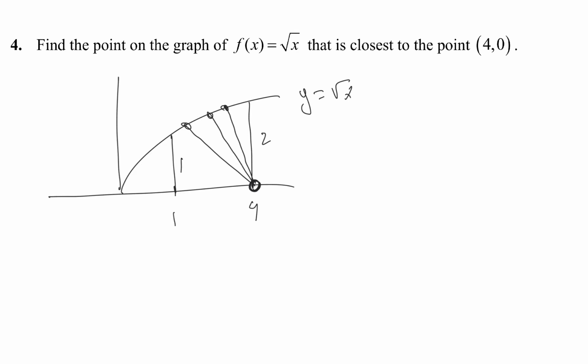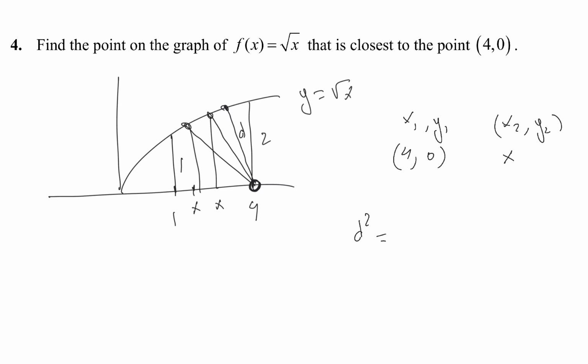So I will say the distance d squared is, what are the 2 points? The first point is (x1, y1), (4, 0). The second point, (x2, y2), is the point with unknown x.